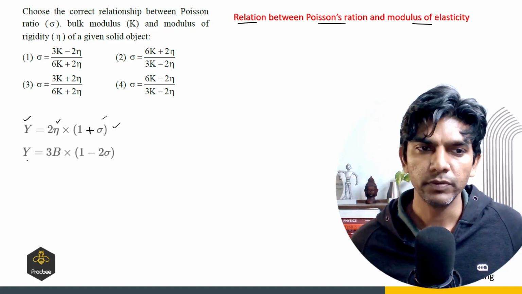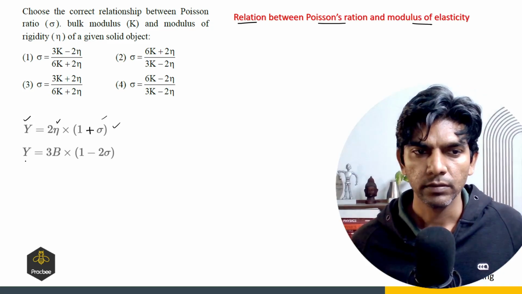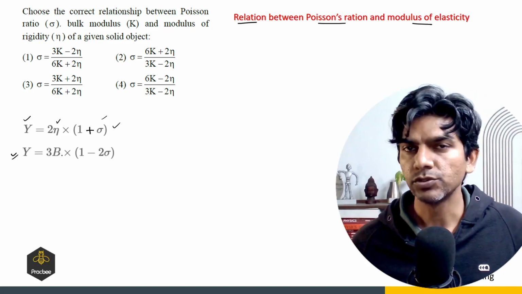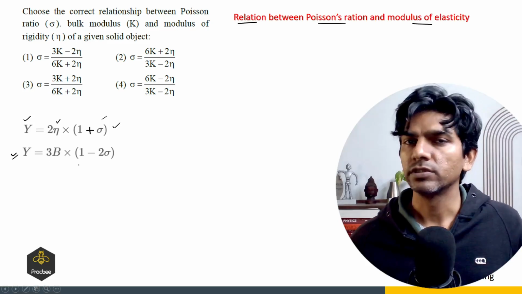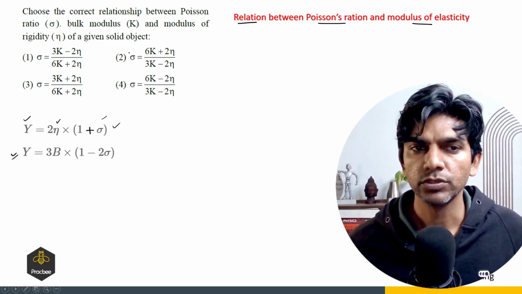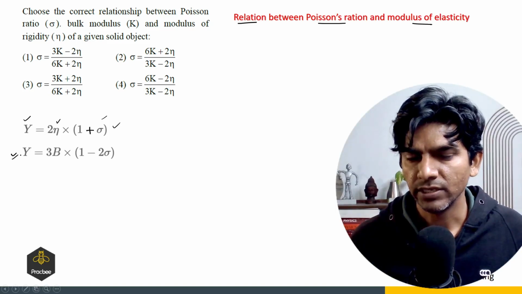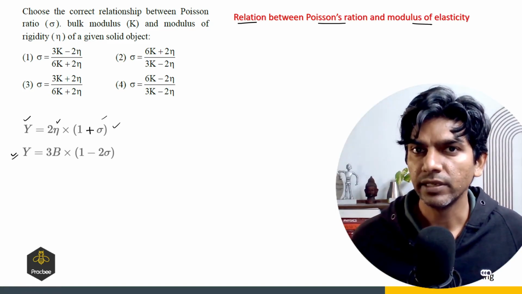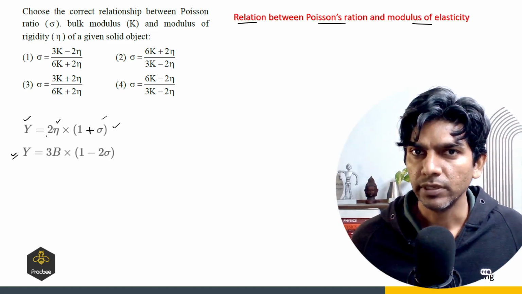Whereas the relationship between Young's modulus, bulk modulus and Poisson's ratio is given by this relation, which is y equals 3b times 1 minus 2 sigma. Now we're going to use these two equations to find the answer of this question. Right, so the proof of this is not in JEE syllabus. So what you can do, you'll study about this in detail in your college, right? Just remember these two equations.